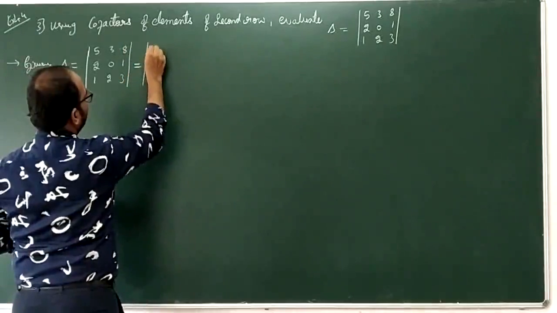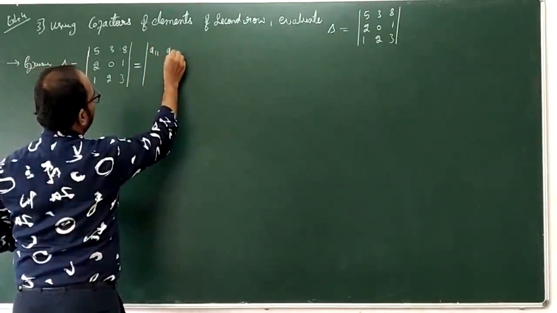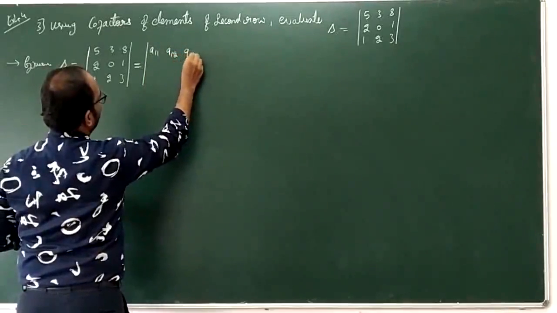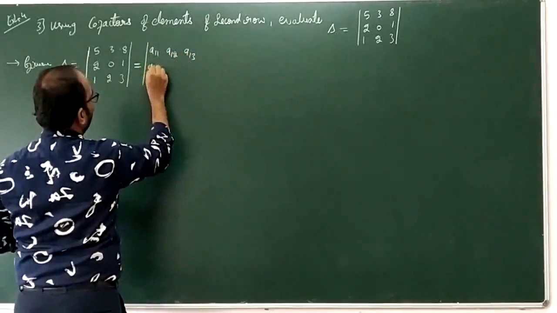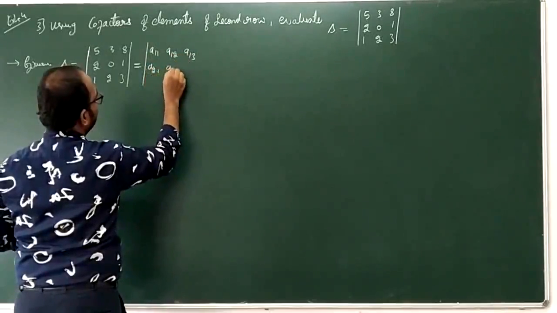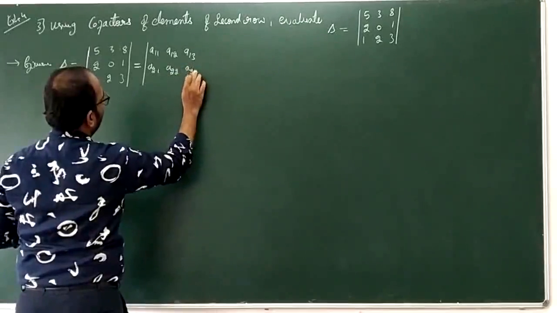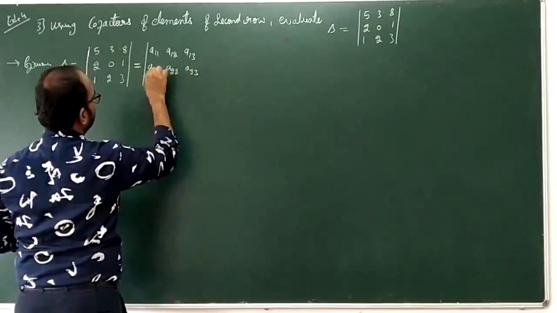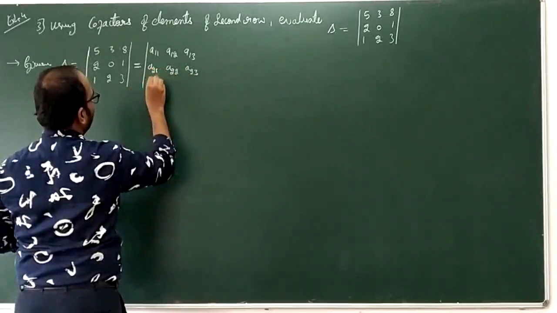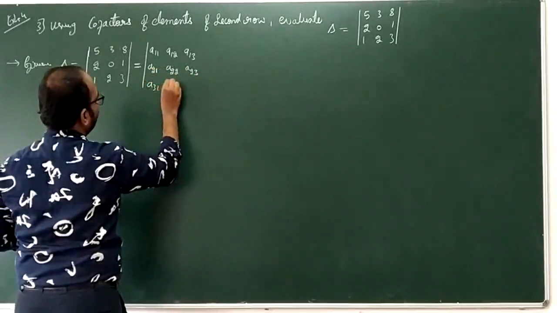The elements are A11 A12 A13, A21 A22 A23, similarly A31 A32 A33.